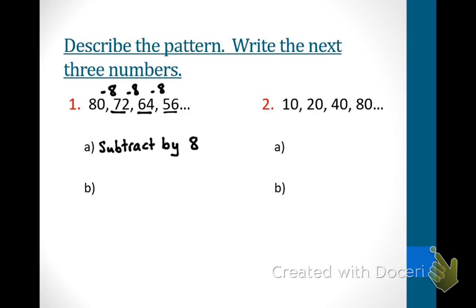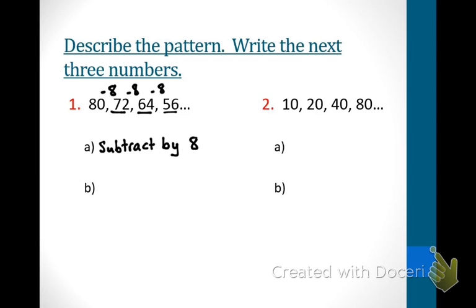Now here's the thing that she said. Subtract. Do you guys know what the 4 operation words are? Add, subtract, multiply, divide. You will always have one of those 4 words when finding a pattern, and then you just have to figure out what number you are doing it by, okay?